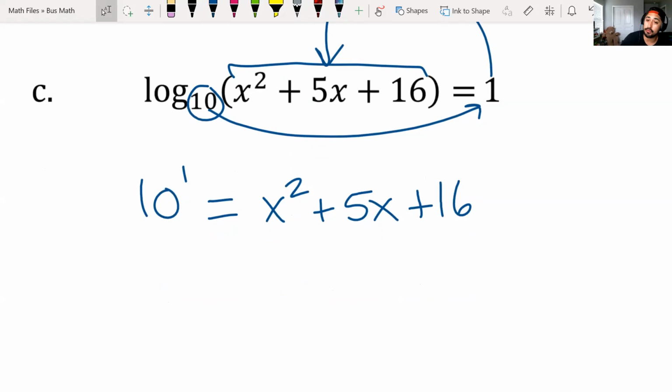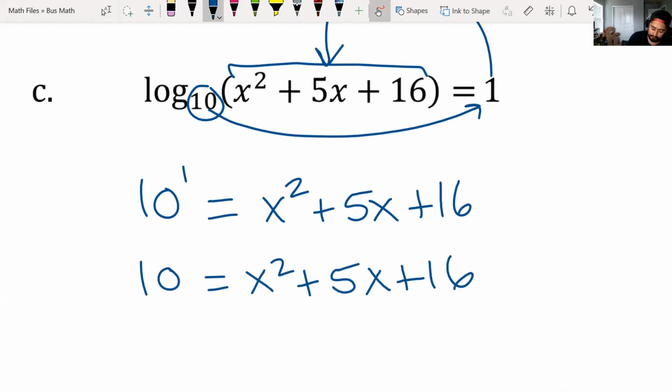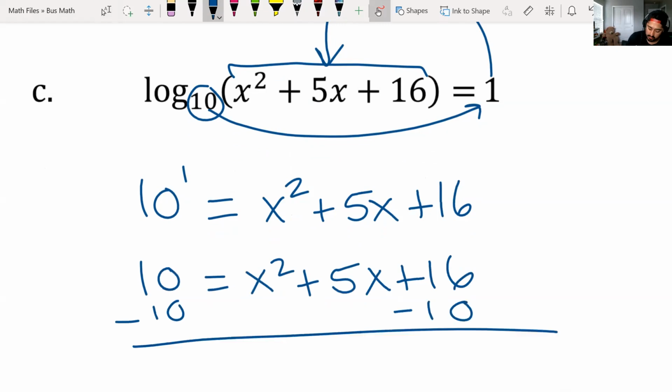So now all we have to do is solve for x. This is now a quadratic equation, which means we need 0 on one side. So we will rewrite this. First off, 10 to the first is just 10. So you get 10 equals x squared plus 5x plus 16. Subtract 10, subtract 10. We get 0 equals x squared plus 5x plus 6.